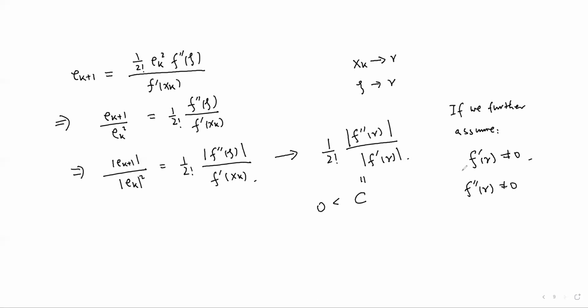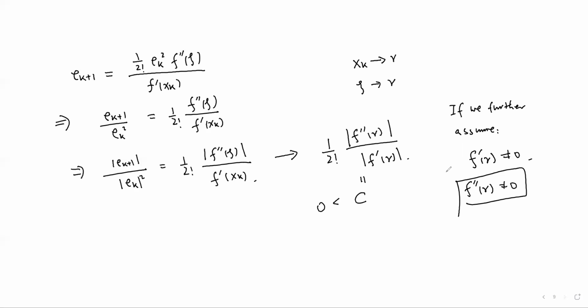So under this assumption, the derivative is non-zero. If the second derivative is 0, then this is better than quadratic convergence, so actually this condition is less important.